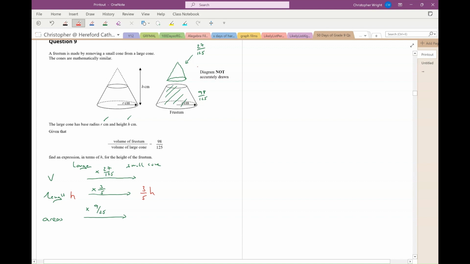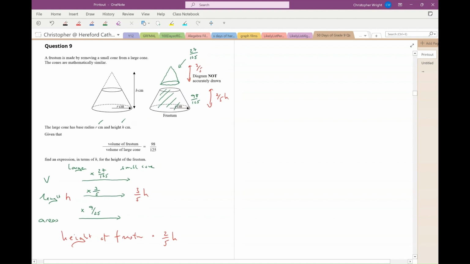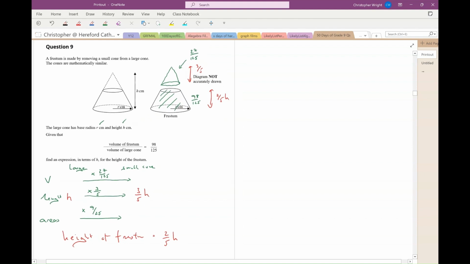Okay, so this height here is 3/5 of h, which means that the height of the frustum must be the remainder, 2/5 of h. Okay, so height of frustum equals 2/5 of h. And that was seemingly quite a complicated question until we broke it down into scale factors.